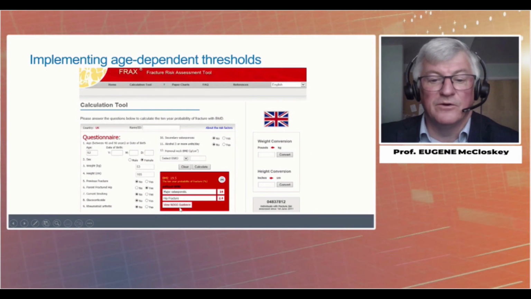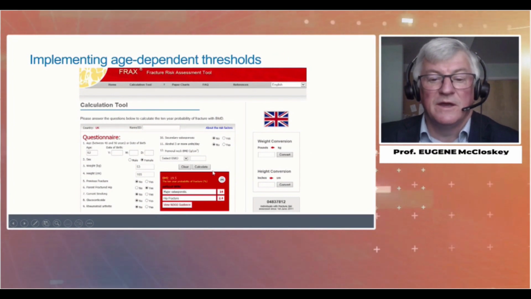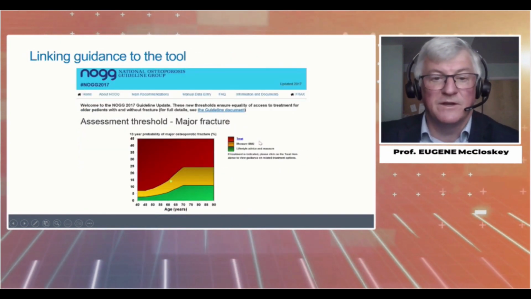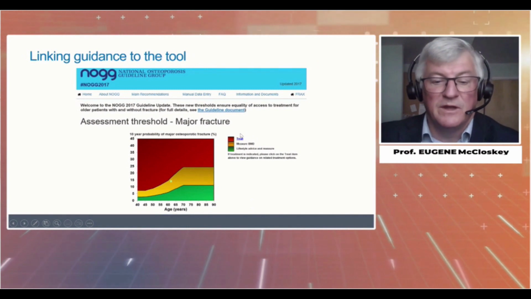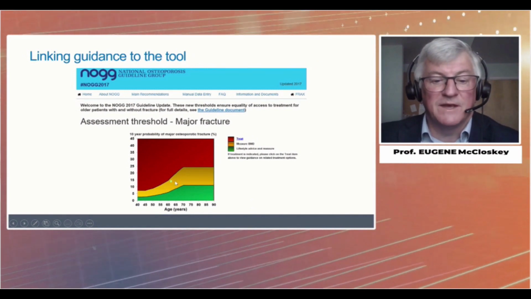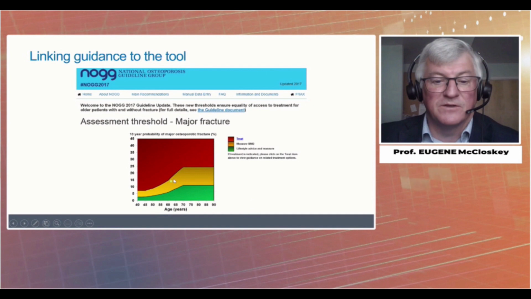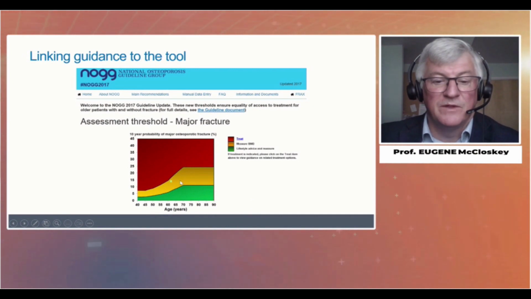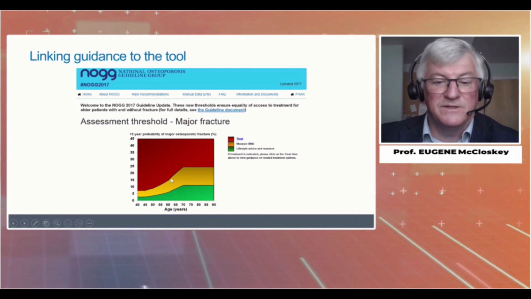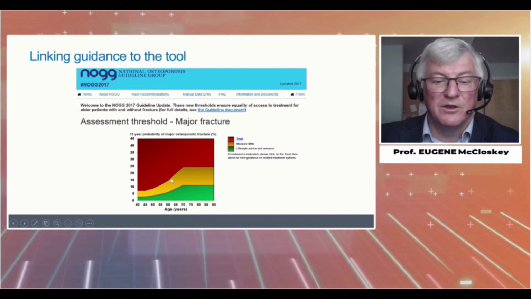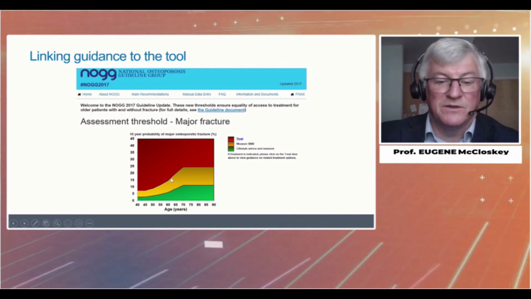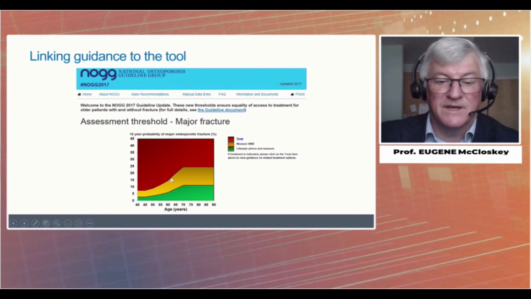And if you click on View NOGG Guidance in this individual, then you're taken through to the National Osteoporosis Guideline Group website, and it plots that individual's major osteoporotic fracture risk on the traffic light graph that I showed you before. And at the value of 14, you can see that she's almost towards the upper end of the threshold. We might consider treatment, particularly if she's got no access to bone mineral density scans.